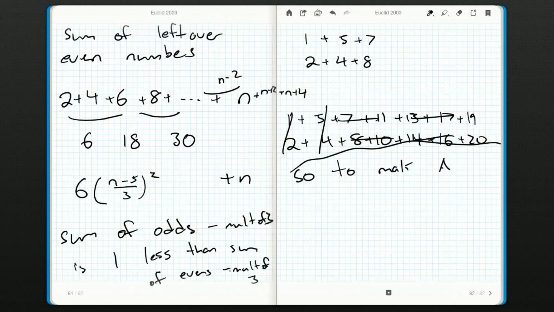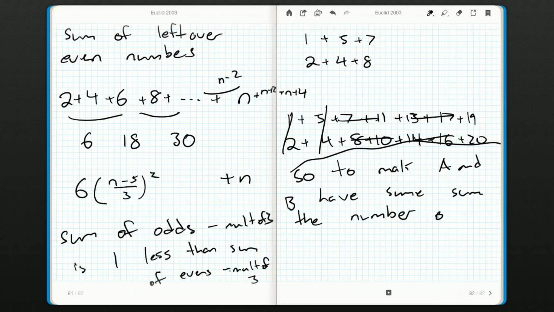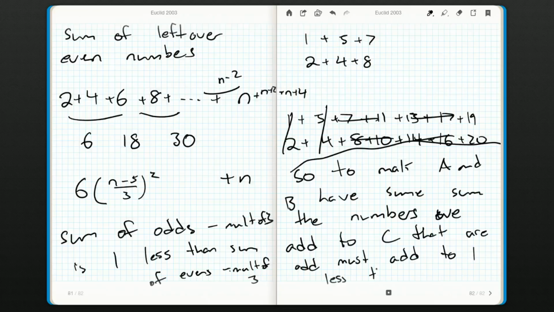So to make A and B have the same sum, the numbers we add to C that are odd must add to 1 less than even numbers we add to C. Okay?